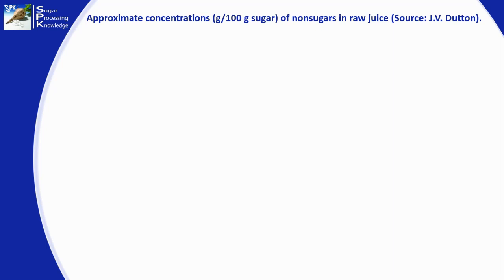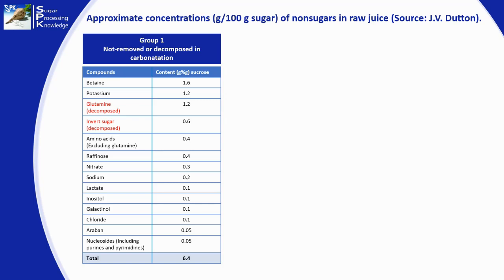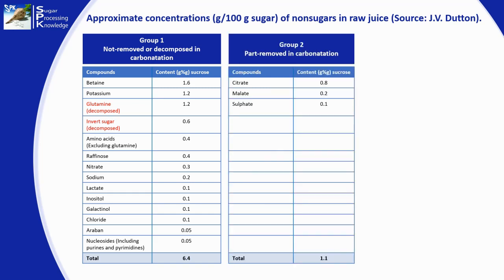Some of them are much more important than others, so we will classify them into 3 groups. In the first group, we will find all the non-sugars that will not be eliminated or that will be decomposed at the purification stage. These non-sugars represent about 6.4 grams % g sugar in the raw juice. In group 2, we find all the non-sugars that are partially eliminated at the purification stage.